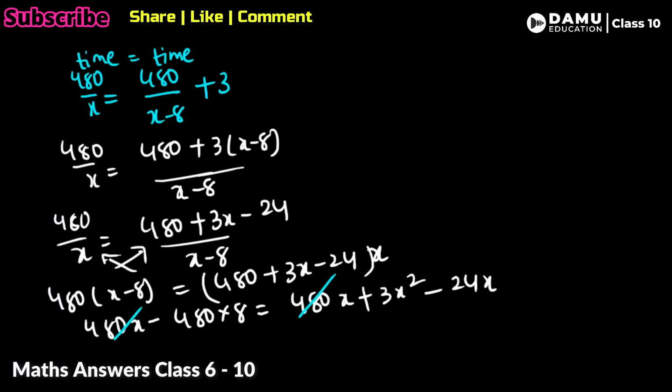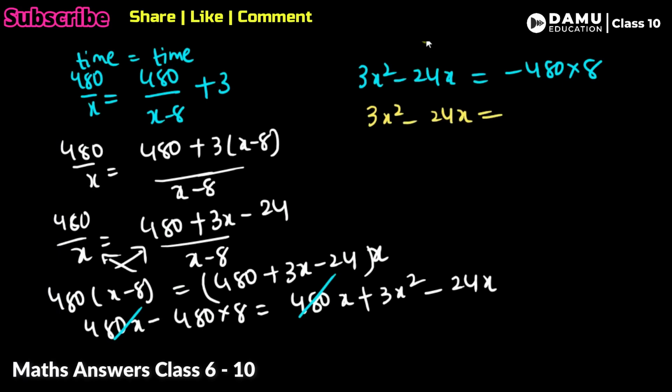Then that will be 3x square minus 24x will be equal to minus 480 into 8. So 480 into 8 we will get as 3840. So minus 3840.